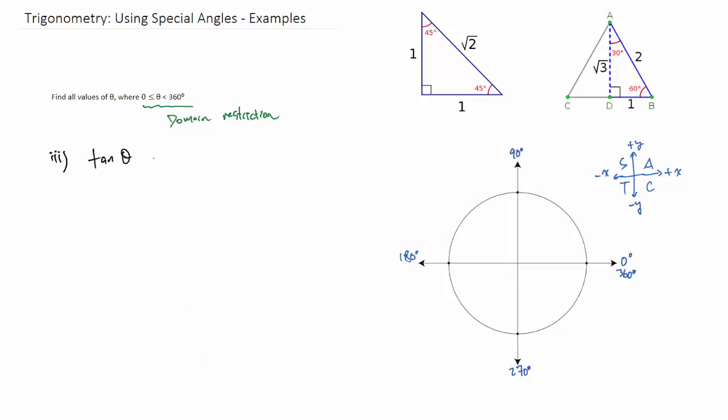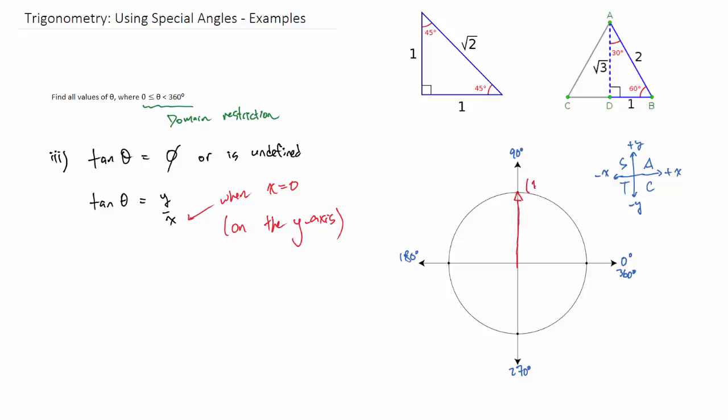Now for the last one here, we'll do tan. So let's say they asked you to figure out at what angles is tan theta undefined. Now, you can do this a few different ways. We know that tan is defined by y over x. To be undefined, you want to have x equal to 0, so you're dividing by 0. This happens on the y-axis. You can tell you're at 0, 1, or when you point down, you're at 0, -1.